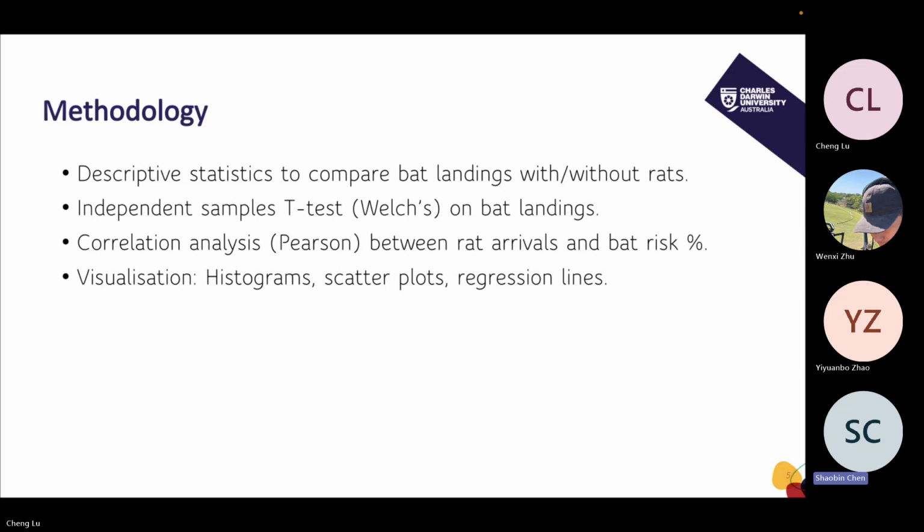During inferential A, the Welch t-test, we test whether the mean of bat landing number differs between no-rat and rat-present windows. During inferential B, the Pearson correlation, we examine the association between rat arrival number and risk percentage derived from the merged data.